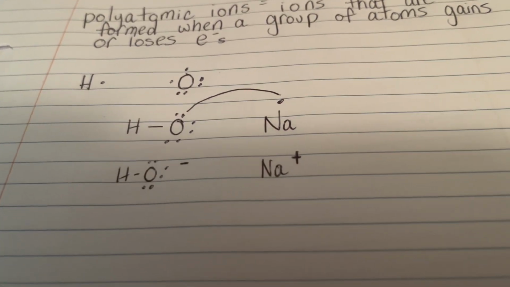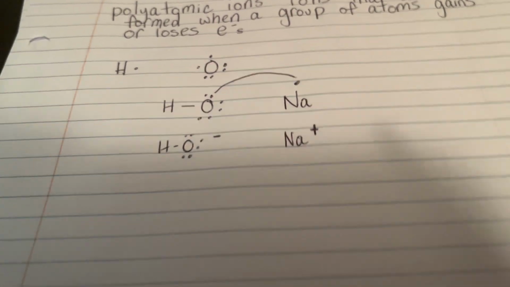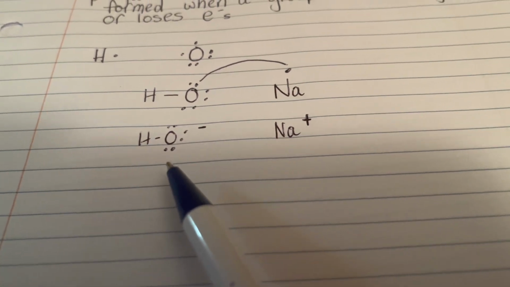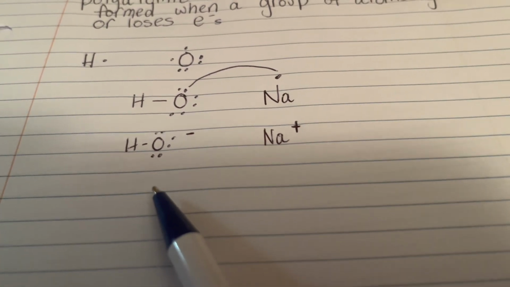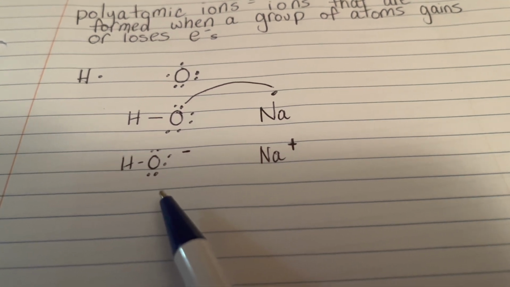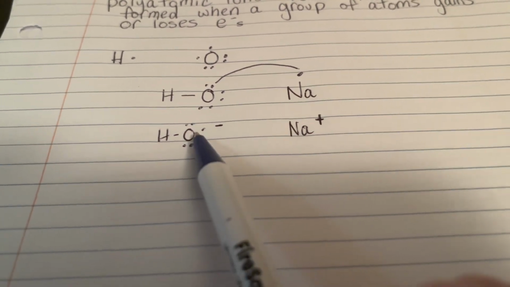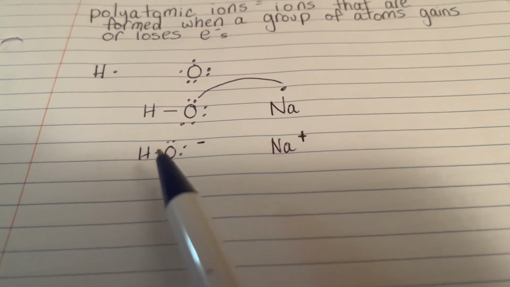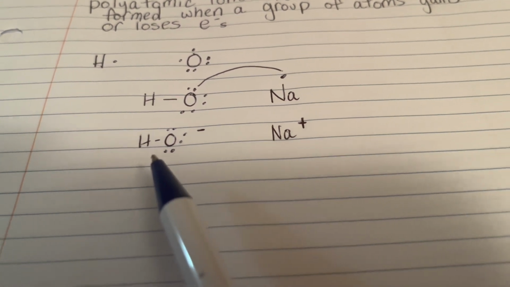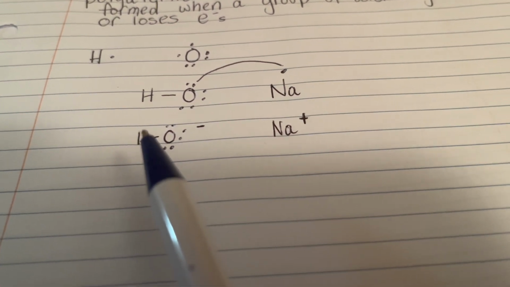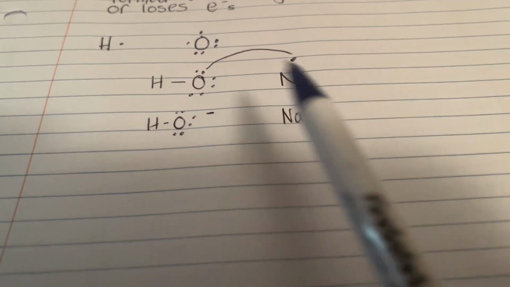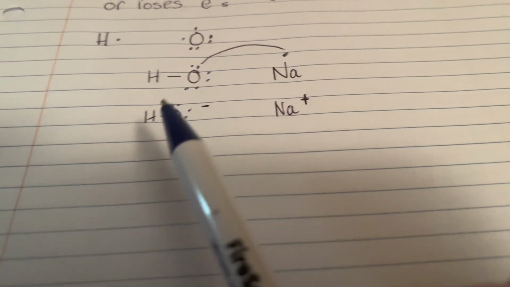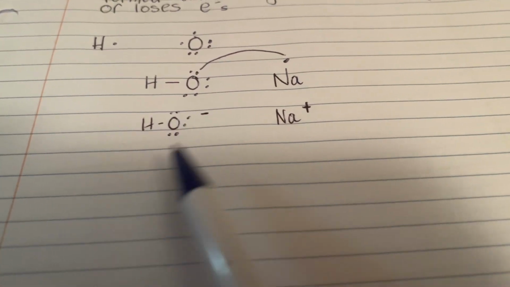Okay, I hope you can see that OH is a polyatomic ion, okay? The 2 atoms, oxygen and hydrogen, share the negative charge from the single valence electron that sodium donated. This is a polyatomic ion right here.